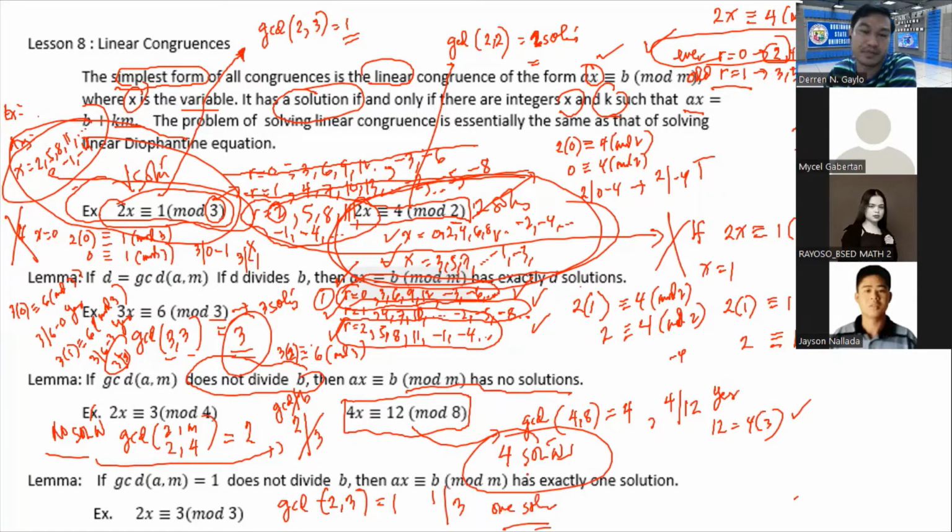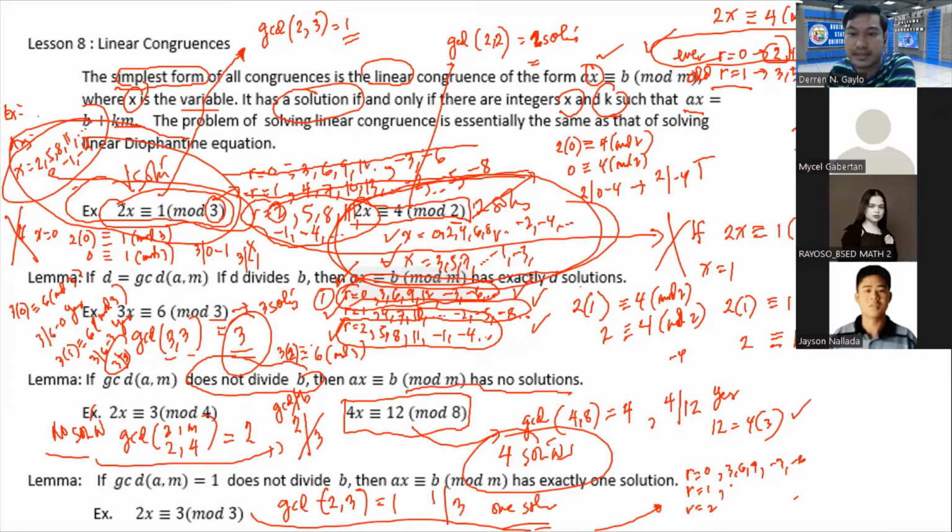Let's have it as an example. Pangitaon na to yung one solution. Supposed to be tulo man na yung solution kay modulo 3 man na siya. So R0, R1, and R2. When you have 0, then plus 3, you have 0, 3, 6, 9, negative 3, negative 6.